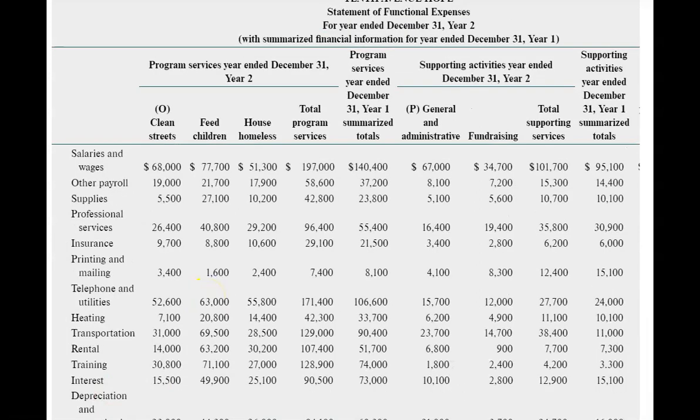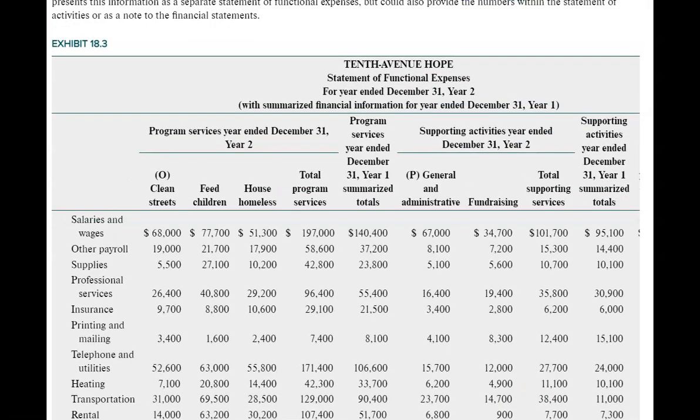Now let's look at the special part of the statement, which is the statement of functional expenses. It is required only for not-for-profit entities, where they will show a bigger picture of all those expenses. Of course, the two major categories you will see listed are program service, which is related to their cause or great mission, and supporting activities, that means related to administrative or fundraising expenses.